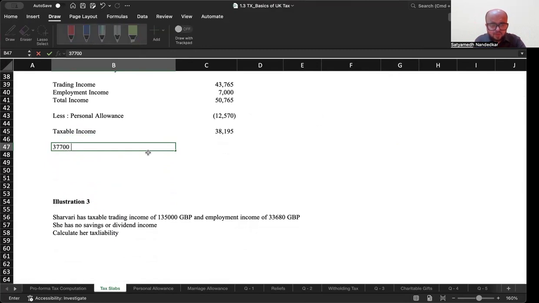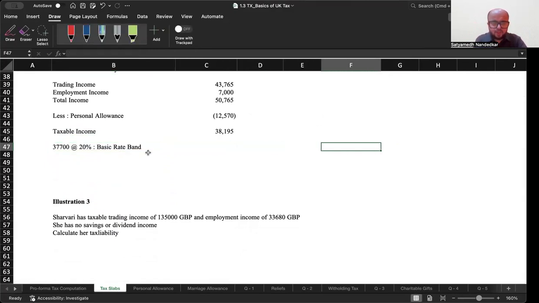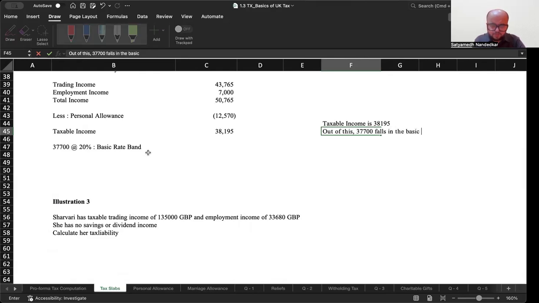So on 37,700, you will calculate tax at the rate of 20%, the basic rate band. Now taxable income is 38,195. Out of this, 37,700 falls in the basic rate band.